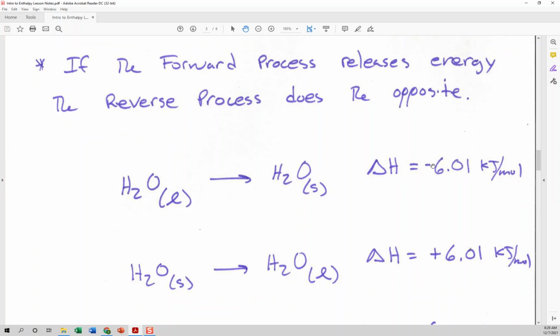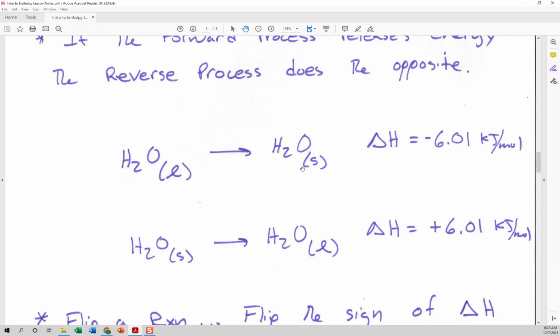That releases this much energy per mole of water, okay? Well, that means for the reverse process, all I did was flip the reaction. If I flip the reaction, what happens? I flip the sign of delta H. So to melt that much water would require the same amount of energy, but it would be a positive energy value now because it's required. It's being absorbed by the ice to melt.